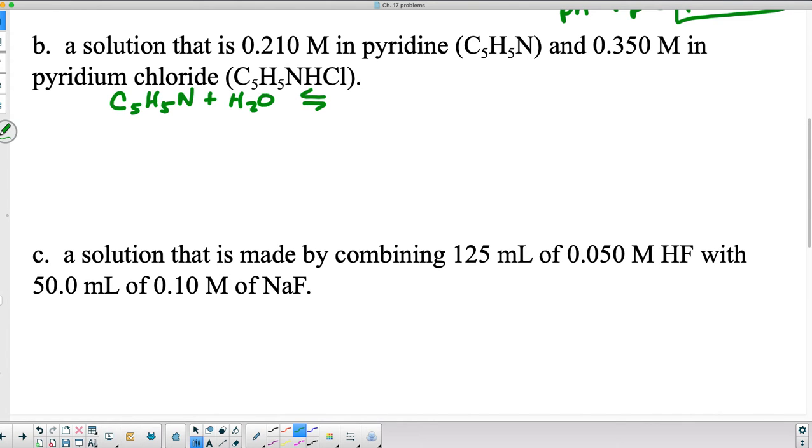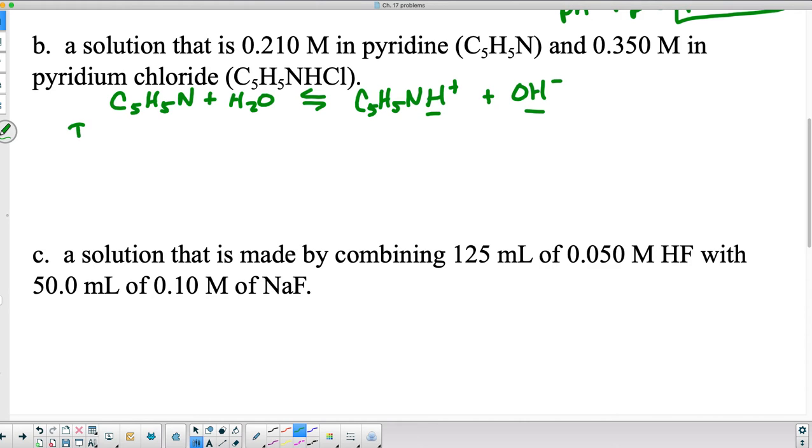I have to do water this time because we have to separate it into the OH. So I get C5H5NH plus, plus OH minus. That's how the water split up, with the H plus and the OH minus.